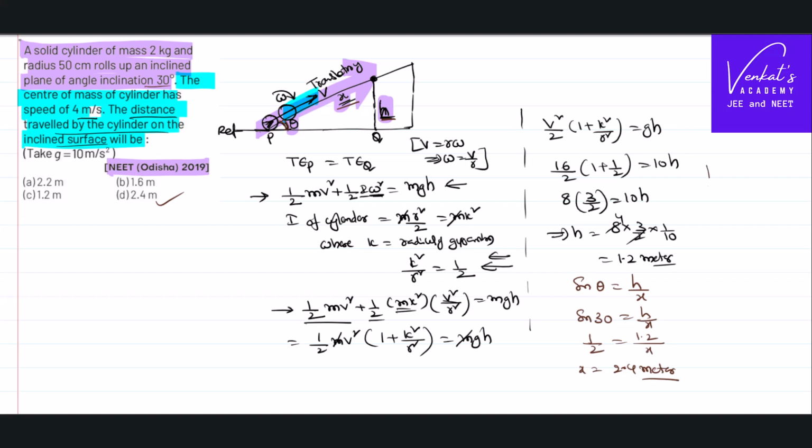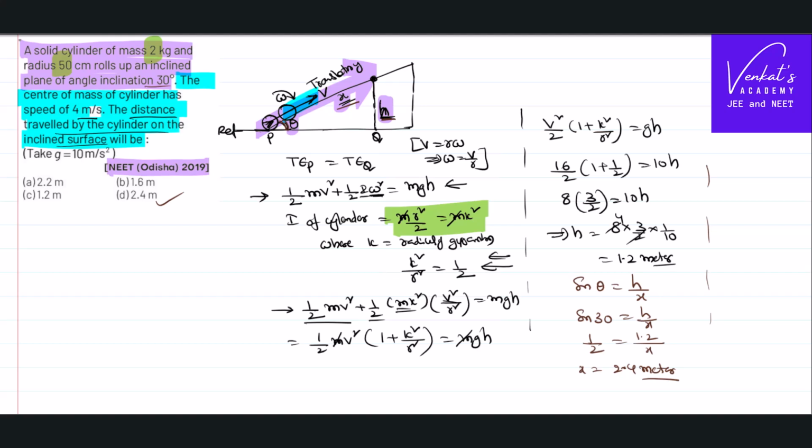And if you have noticed carefully, the data that was given to you, like mass and radius, is not even required to solve this problem. Have you seen, I have not used the radius value at any place, because I know for a solid cylinder, moment of inertia is m r square by 2.